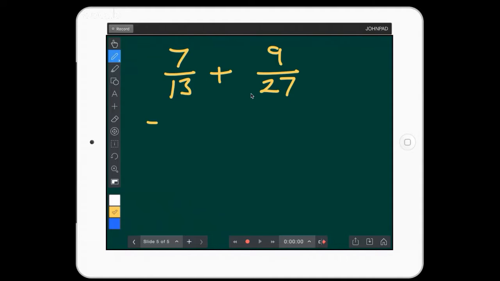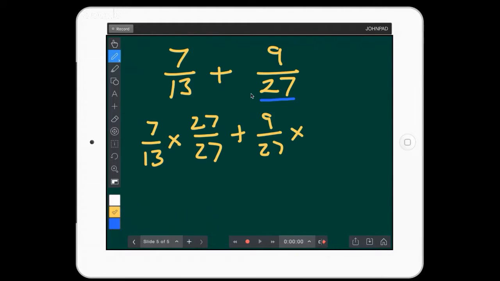We're going to say this is the same as 7 over 13 times, what do I pick? I pick the 27, 27 over 27, plus 9 over 27 multiplied by, what do I choose? Well, I pick the 13, 13 over 13, I've just multiplied by 1 again.